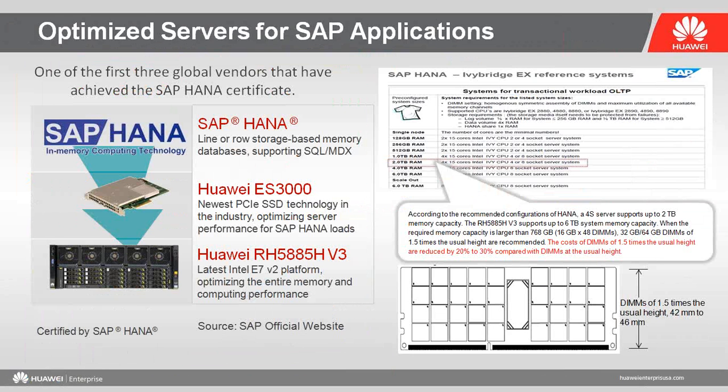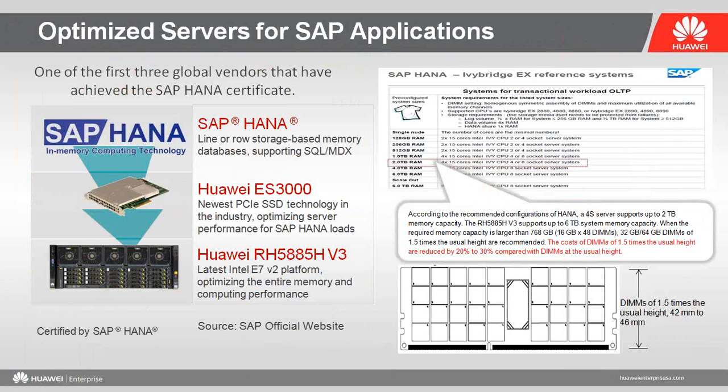So we're really optimizing these hardware platforms, and you'll see more of this in the Converged server product that we have. Optimizing servers for applications. And here's an example of where we work with SAP HANA to optimize using one of our RH5885 platforms.